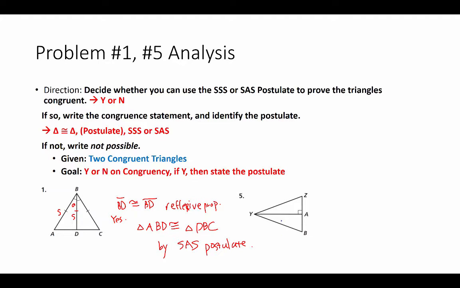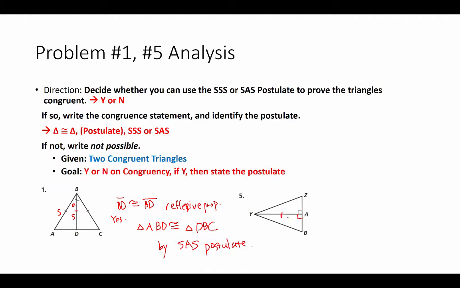Let's take a look at number 5. Again, we have a reflexive property for both polygons, that the segment AY is shared. So here is the same side, and you can see that the supplementary of the right angle in this line ZB will also be 90 degrees. So it sounds good, side angle. However, we're not explicitly given that segment ZA is congruent with segment BA.